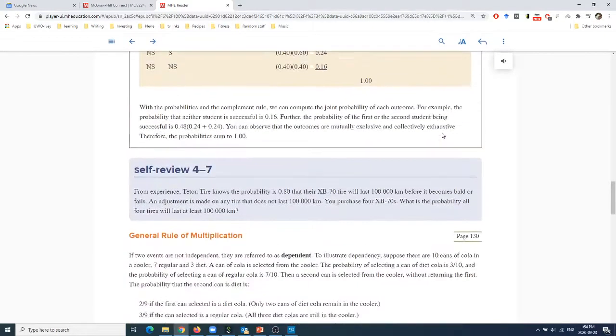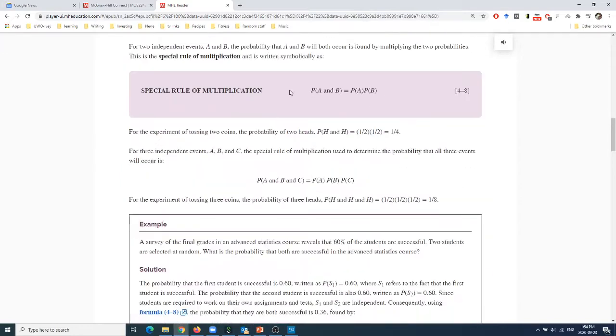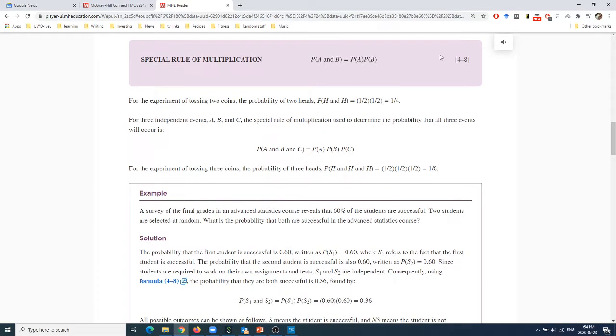Whereas in independent events, such as a coin toss, which is a very good example of independent events, you flip a coin once. It has no impact on whether the coin is flipped a second time. And when you flip the coin the second time, the probability of heads still remains 50% and the probability of tails remains 50%. So if you want to think about the probability of two heads or 3 heads occurring continuously, you just multiply the individual probabilities accordingly.